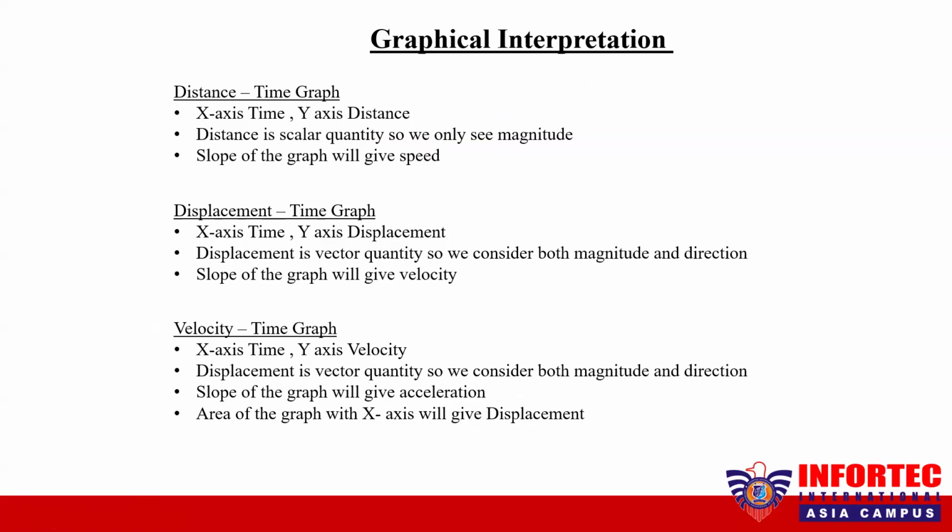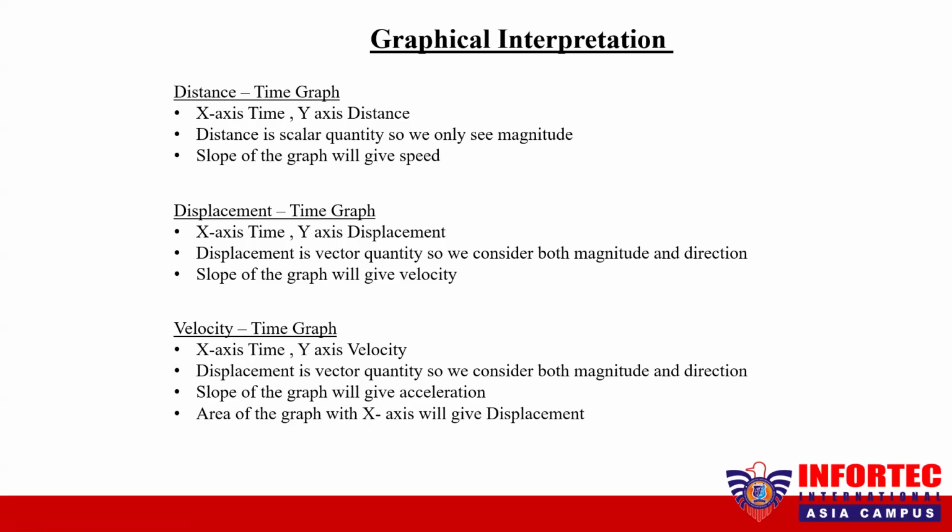I think you have an idea about this. In the distance and time graph, we take the independent variable, time, on the x-axis, and the y-axis represents distance. This is the distance versus time graph, right? We know distance is a scalar. The difference between displacement and distance is that displacement has magnitude and also direction, but distance is defined using magnitude only.